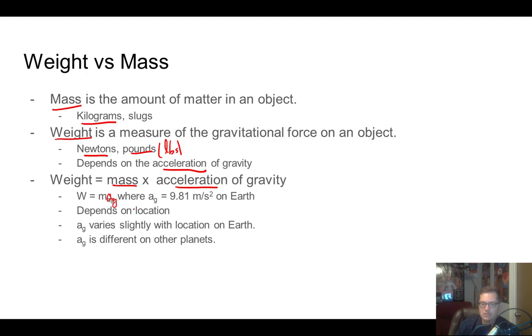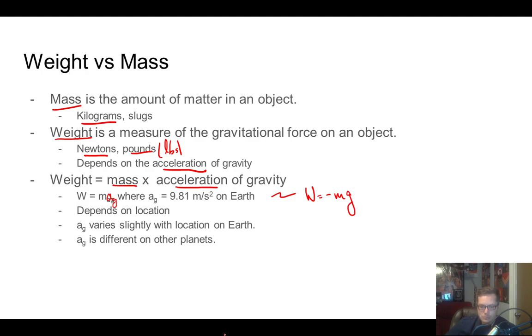Mass times the acceleration of gravity, where the acceleration of gravity is 9.81 meters per second squared. Also, to keep things simple, we've always been using acceleration due to gravity as negative 9.81, so you could always think of it as negative mg. So our weight is equal to negative mg, and that cancels out the negative for the negative 9.81.